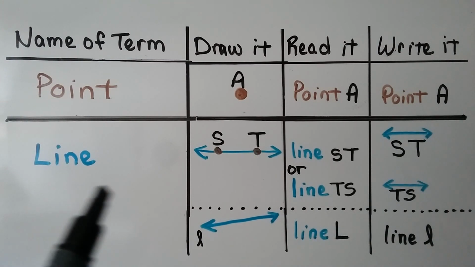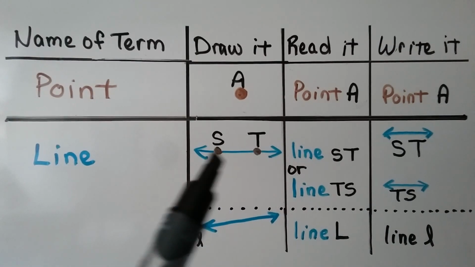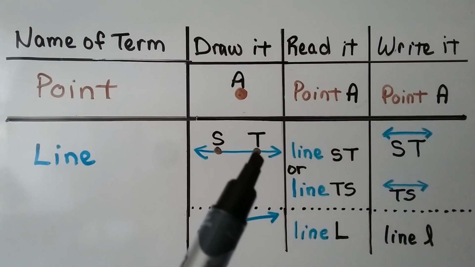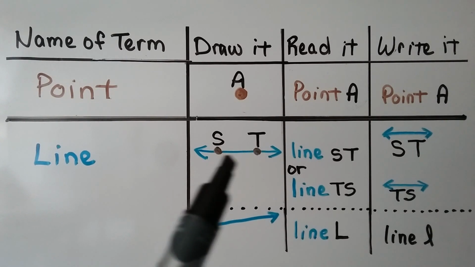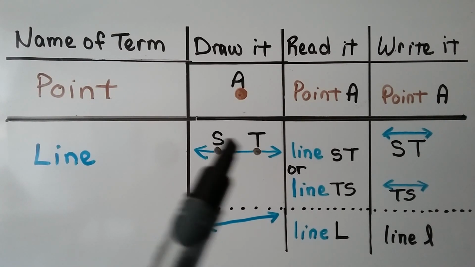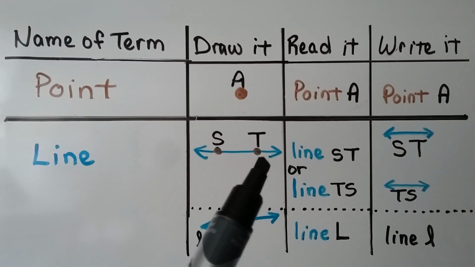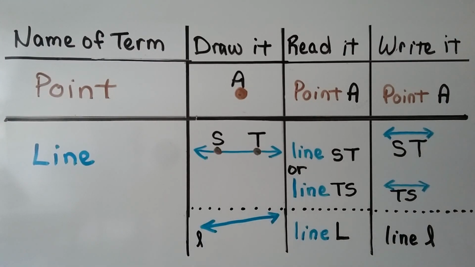For a line, we draw it like this, an arrow on each side, and we can see there's point S and point T on this line. We can call this line, labeled with capital letters, line ST, or TS. We can go in the other direction.